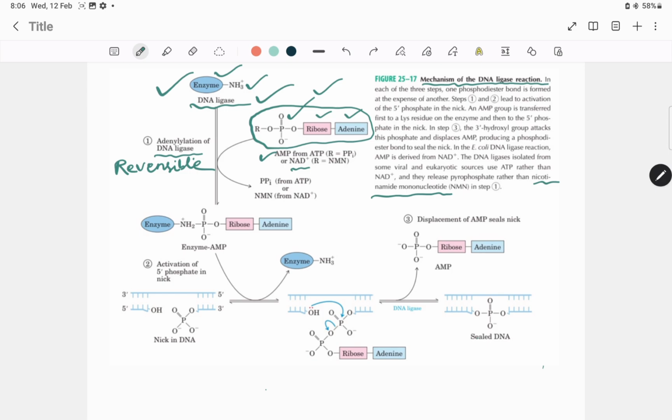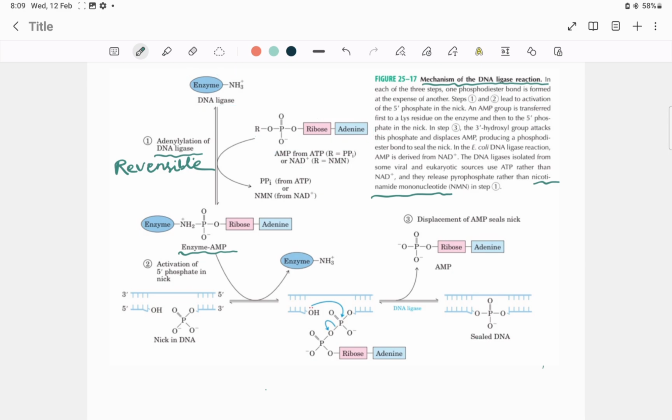Due to this first step of reaction, an enzyme-AMP complex is formed. Here is the enzyme-AMP complex. Along with the enzyme-AMP complex, PPi from ATP or NMN from the NAD+ is released.